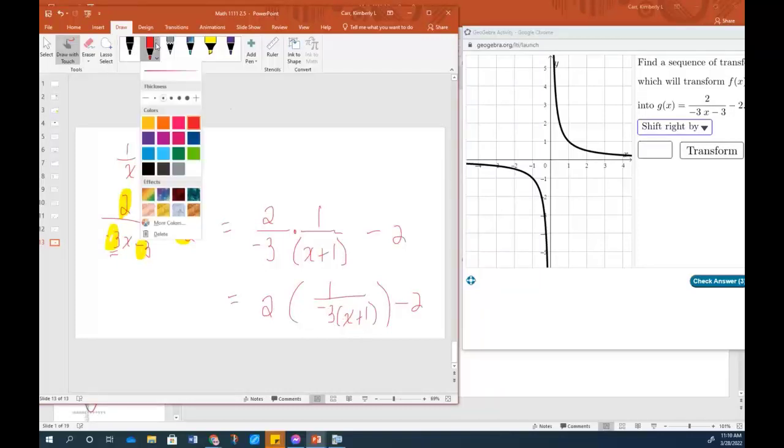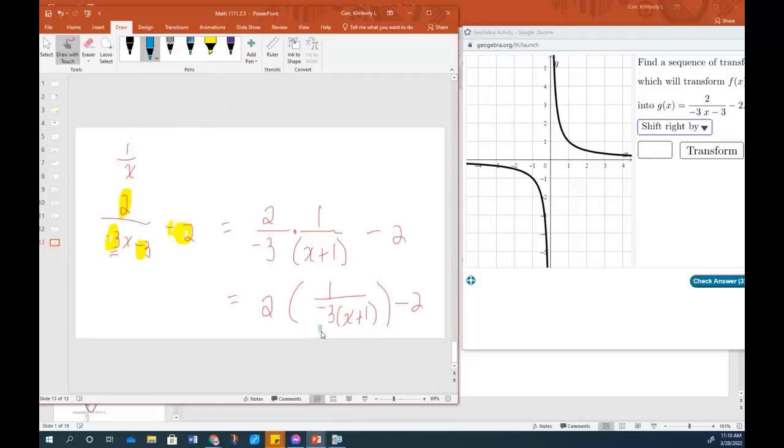Let's talk about what those things do now. This is where I had both a C and a D, so I factored it out. So this one is my horizontal, and it's a horizontal compression with a factor of 1/3, because don't forget you got to turn those over.